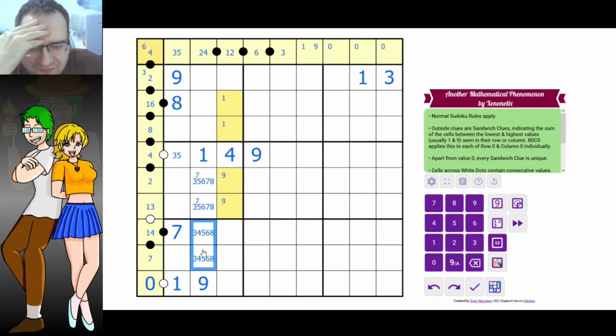This cannot be a 5. No? We have a 4. Wait, if this is not a 4, 7, 8, we could still have 4 and 5, yeah. 7, 5, 4, and 8, yeah. That's fine.